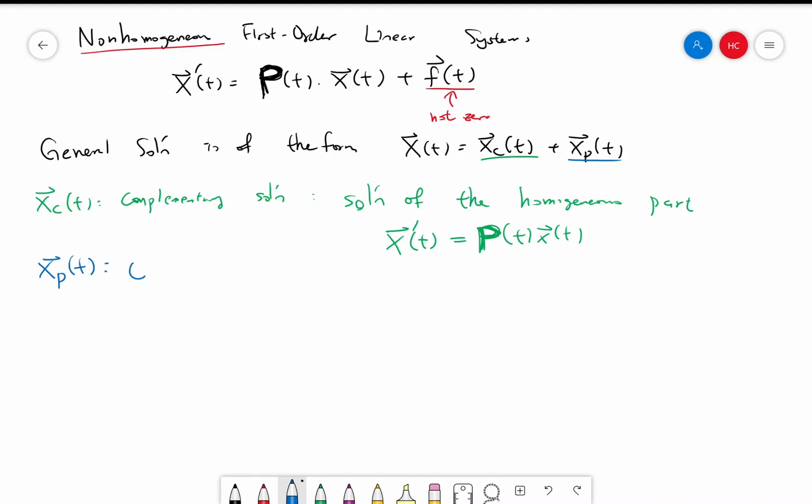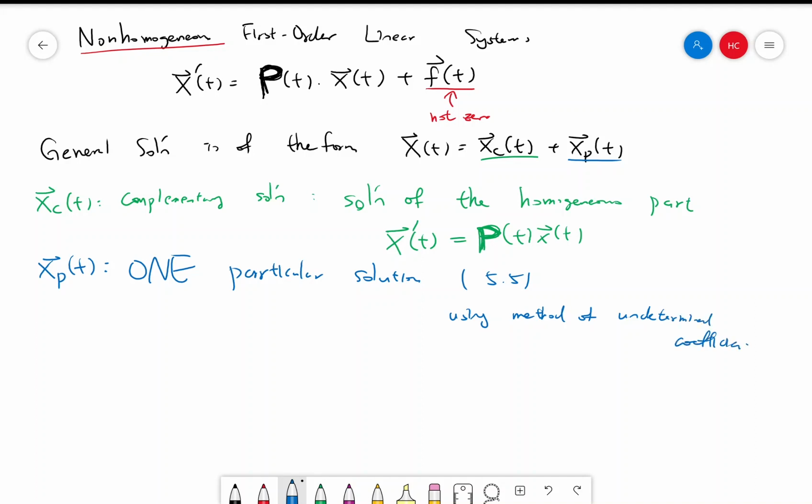So all we need is one particular solution, which we learned in section 5.5 using what's called the method of undetermined coefficients. This method of undetermined coefficients is a fancy name for guessing. Okay, so let's look at an example.